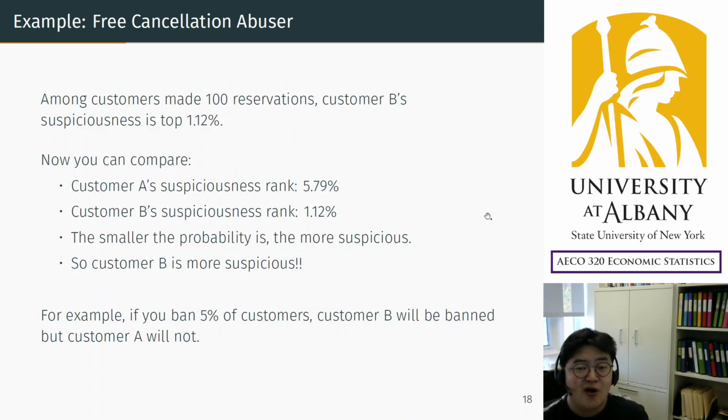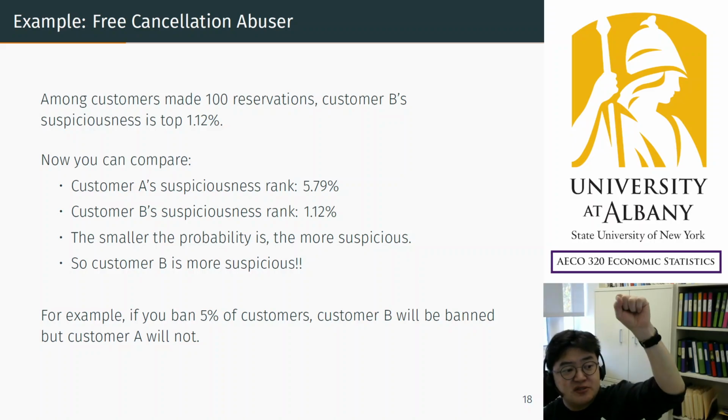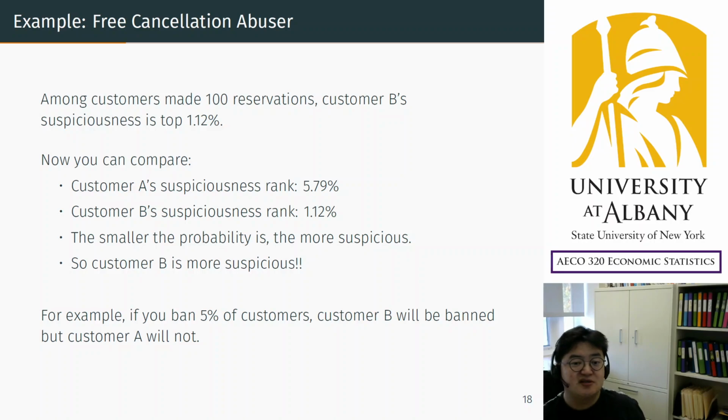That means customer B is more suspicious, right? Because in the ranking, the smaller, 0% is the most suspicious, 100% is the least suspicious, and customer B is only at 1% group, but A is a 5% group. So B is much more suspicious than A.